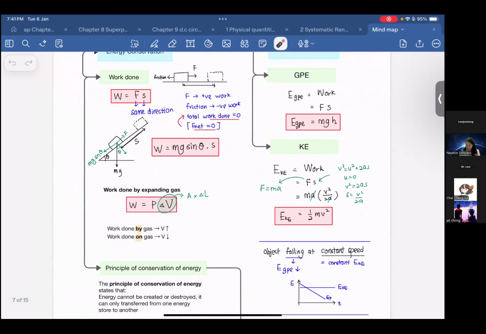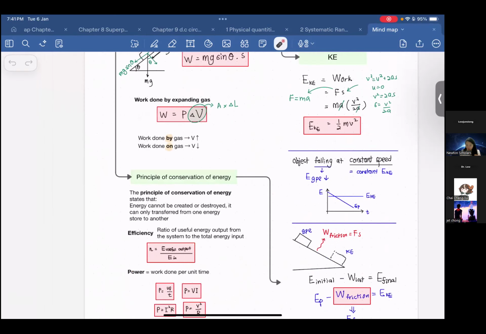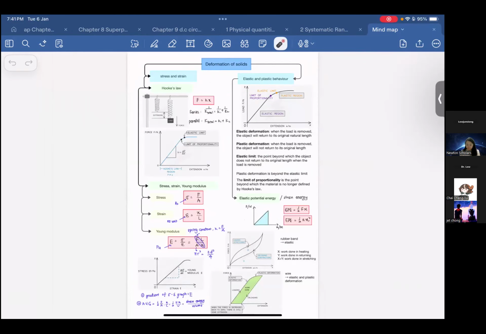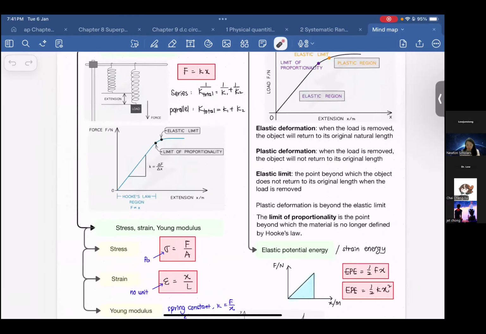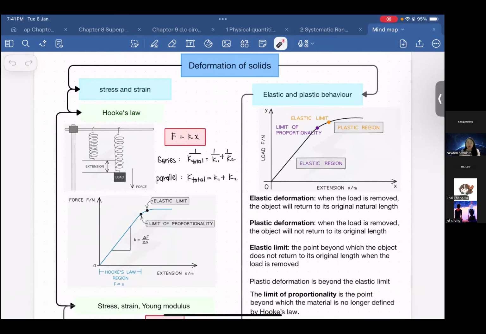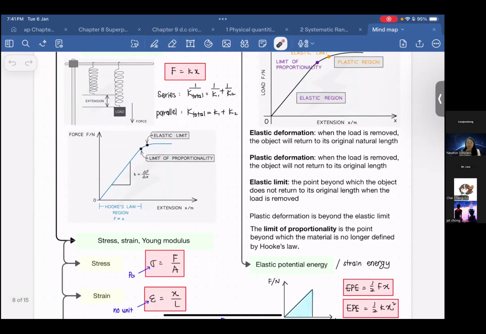Okay, so next, this one is about chapter 5. Chapter 6 is about deformations of solid. We will learn about when springs are combined, how we know the total spring constant. Then we will differentiate elastic limit and limit of proportionality as different things.